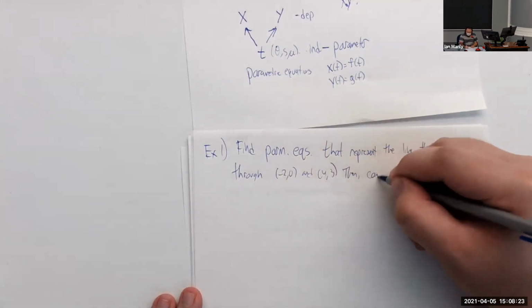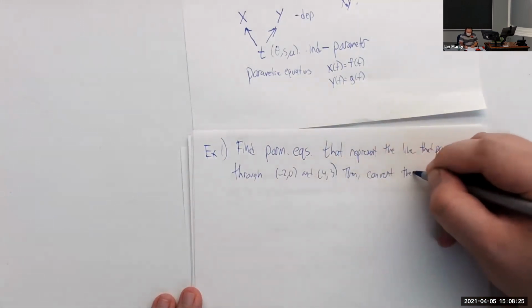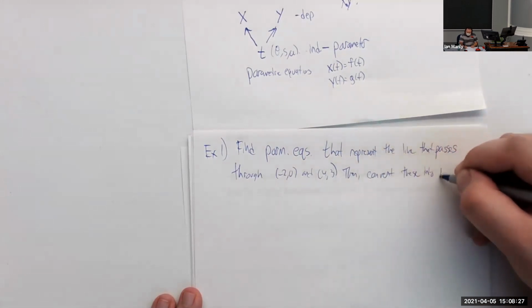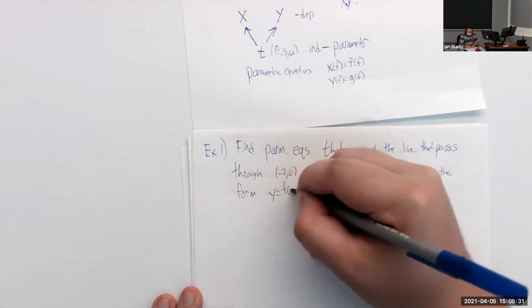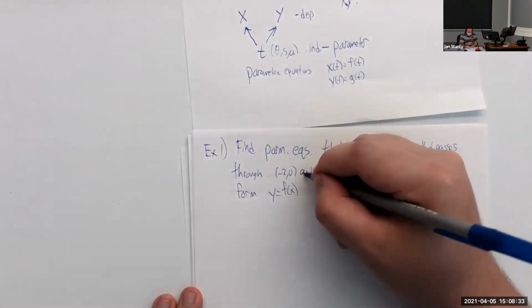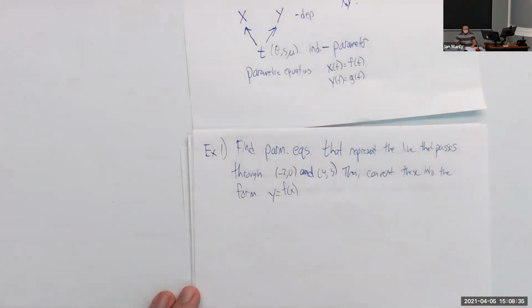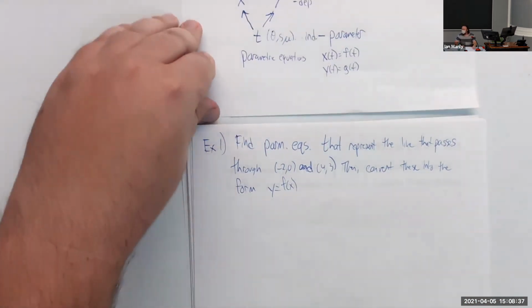Then convert these into the form y equals f of x. We want to find parametric equations for our line, and then we want to see what kind of normal or Cartesian equations represent here.